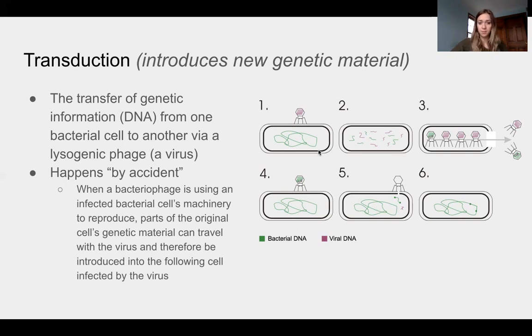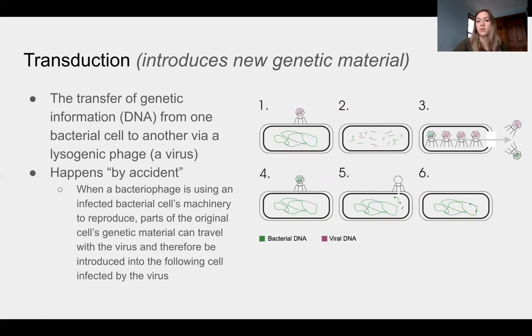So the virus will go in, lyse, or basically just cut up the host bacterial cell DNA. And then it will use those available nucleotides to make its own DNA so it can reproduce, and it uses the machinery present inside of that cell to make copies of itself.